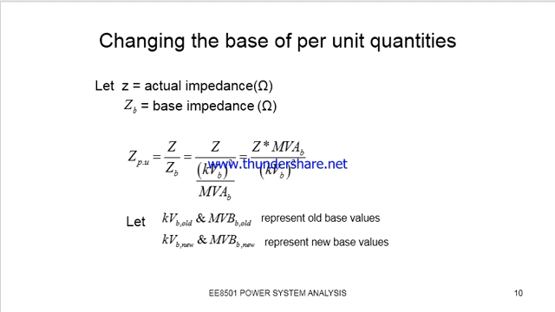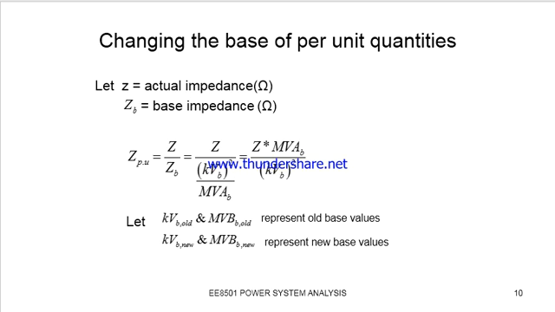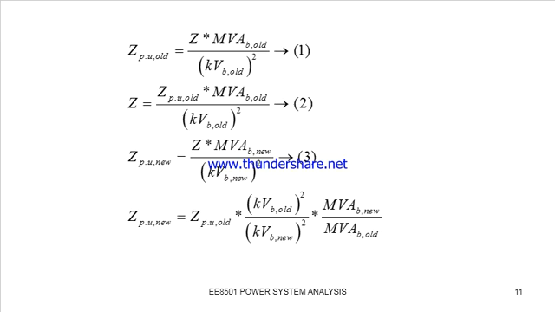In the analysis part, we consider the old base values and find out the new base values. For that purpose, we use this last equation, the per unit new value corresponding to the per unit old value. How do we obtain this last equation? Let us consider the first equation. Initially we have seen that Z per unit is equal to Z into MVAB by KVB the whole square. So Z per unit old is as it is.